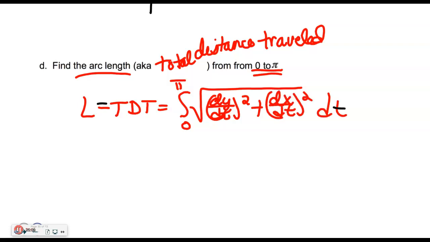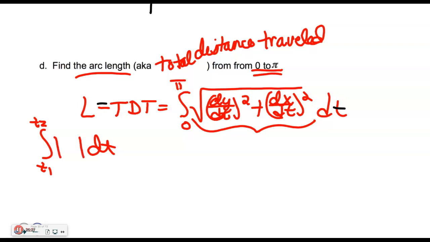Now watch this. I want you to bracket this off so you can avoid having to memorize. In our particle motion from last year, didn't we always integrate from time 1 to time 2? For total distance traveled, what was in our integrand? Absolute value of what? Velocity, correct?